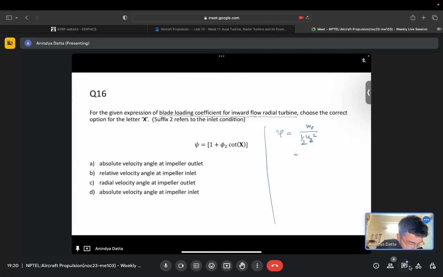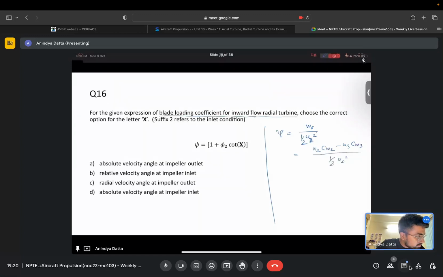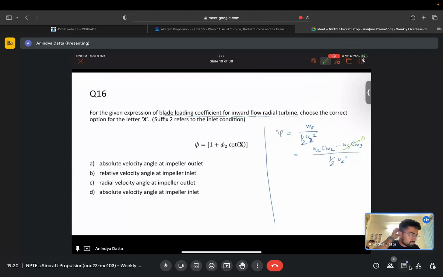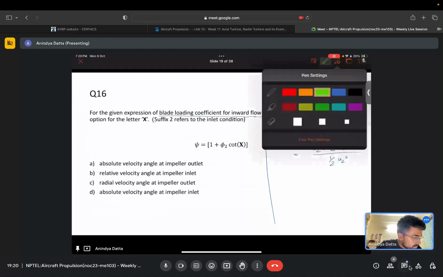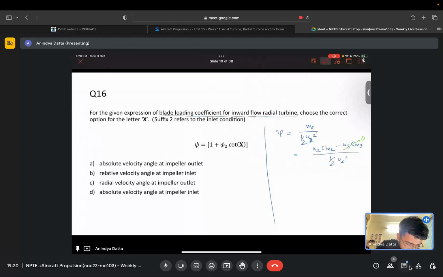So ws will be equal to u2 into cw2 minus u3 into cw3, divided by half u2 square. The second term will be 0 because there is no exit whirl. Then let's draw the inlet velocity triangle.